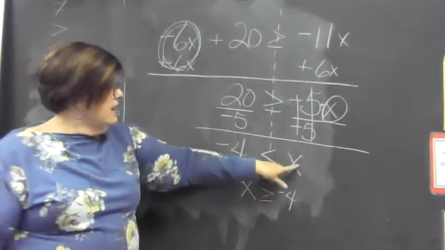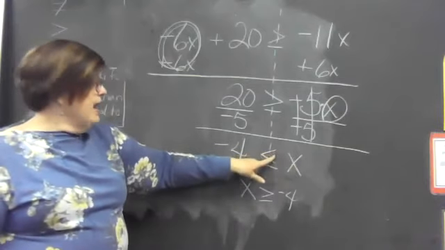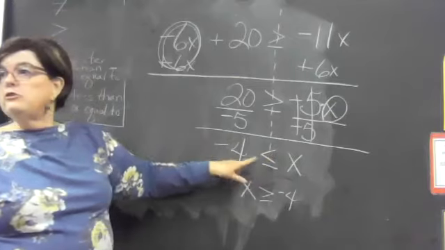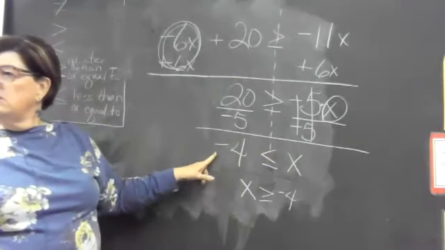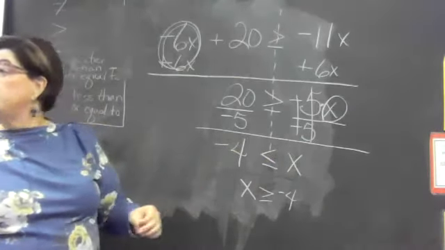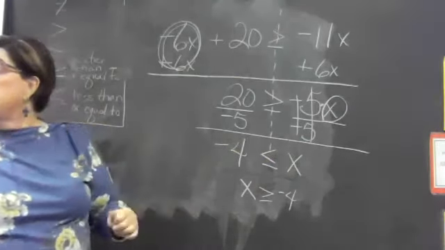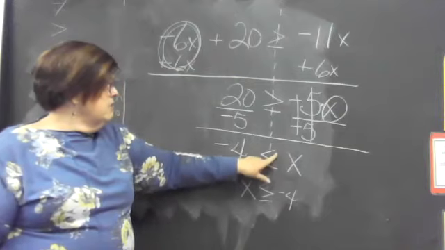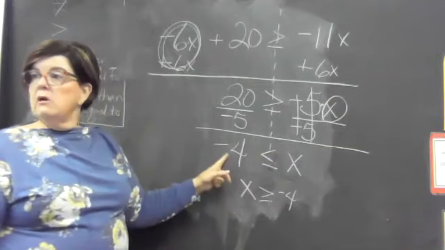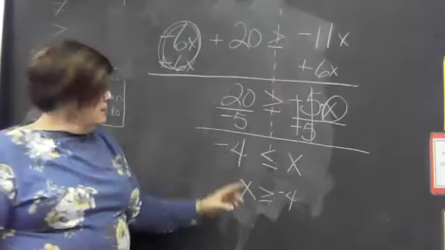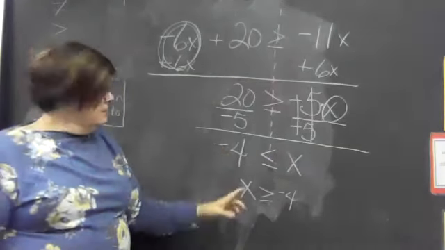And so I say X is greater than or equal to -4. So you're just reading it backwards. If it's easier for you to just say X is greater than -4, you can do that, or you can flip your card. X is greater than or equal to -4. See, they're the same thing.